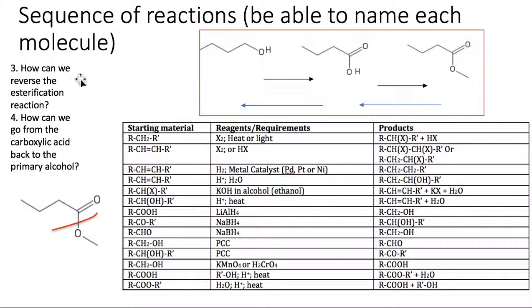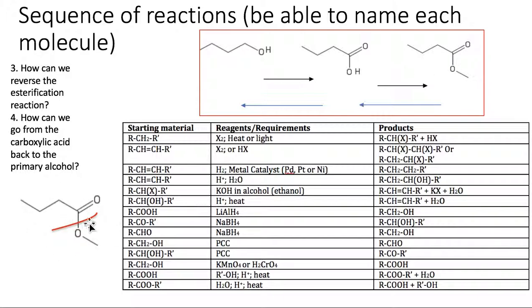Okay, so what if we want to reverse the esterification reaction? So what if we want to go from here to here? So what's going to happen? We're going to have to split up this molecule. I added this image right here.